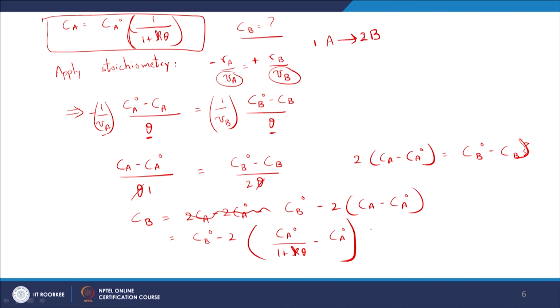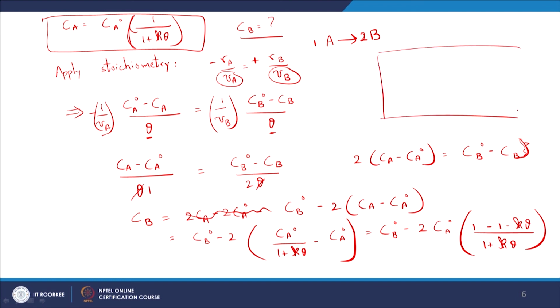So that is going to be equal to Cb naught minus 2 times Ca naught, I am going to take that out, 1 by 1 plus k theta minus 1, and that is going to be equal to, I am going to finish that up out here. And what am I going to have here?